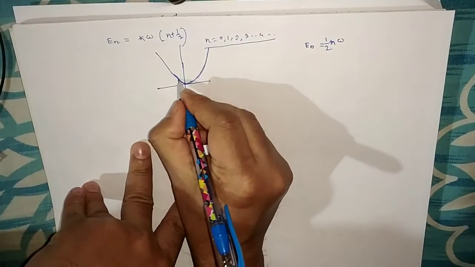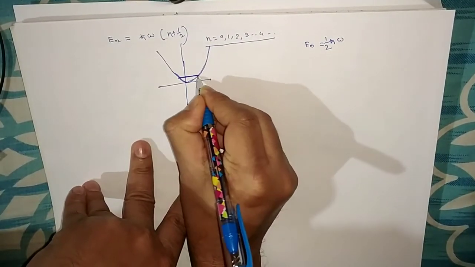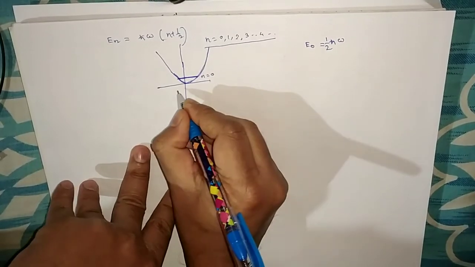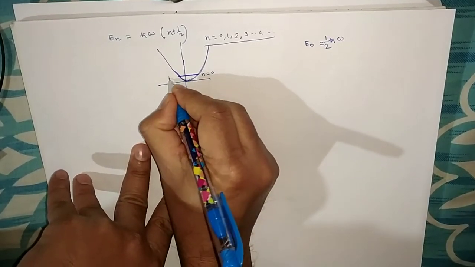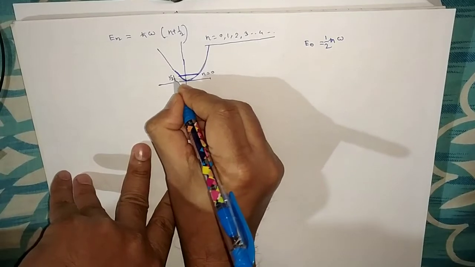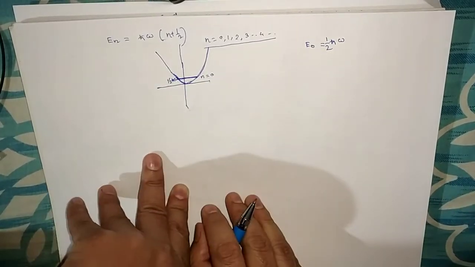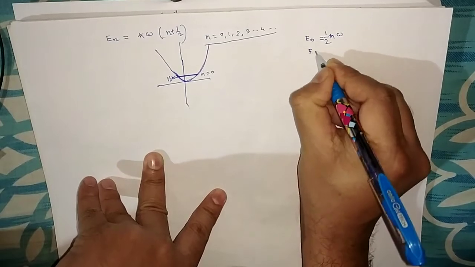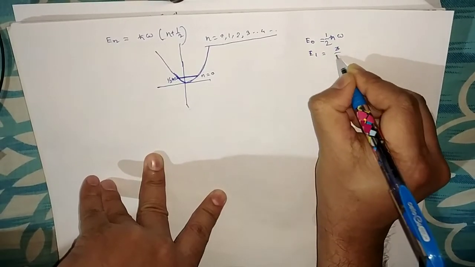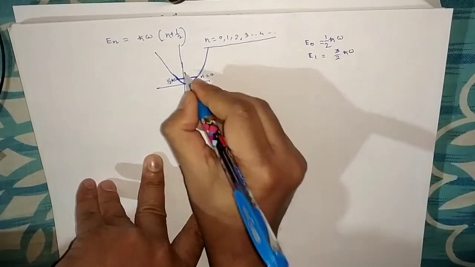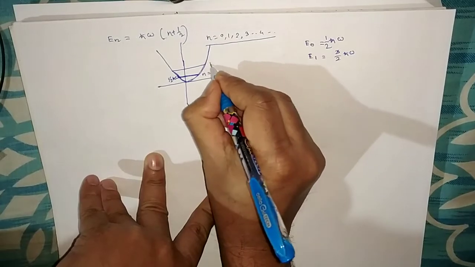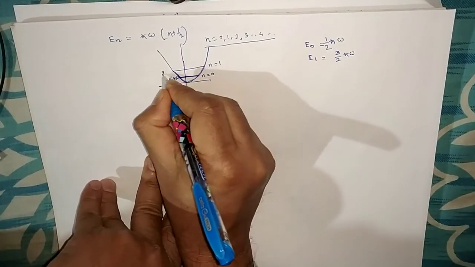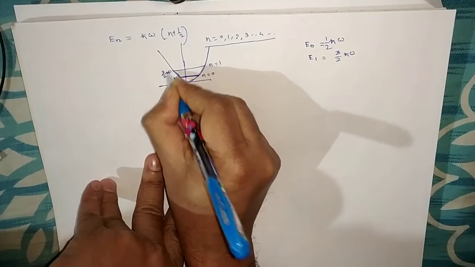So this is the energy level for n = 0, and the energy level is basically 1/2 ħω. For n = 1, E1 is equal to 3/2 ħω.